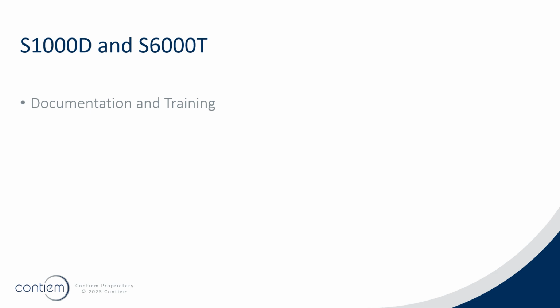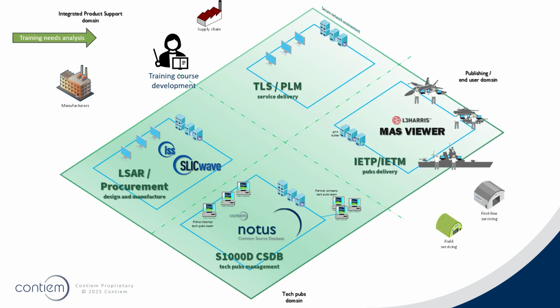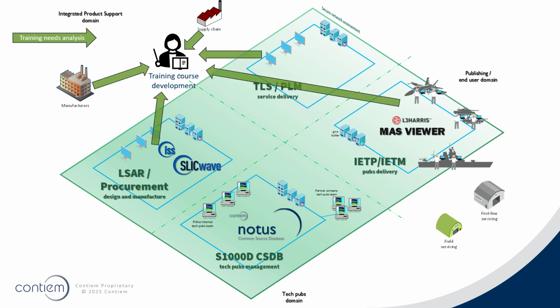Finally then, we have S6000T, which is for training, and this often goes hand in hand with our documentation. The training system should initially carry out training needs analysis, receiving information from the design requirement, engineering requirements, even from the end user perspective. As the training course material is developed, that can be done using S1000D and the extra codification provided for learning data modules.